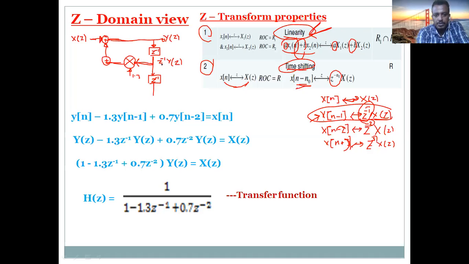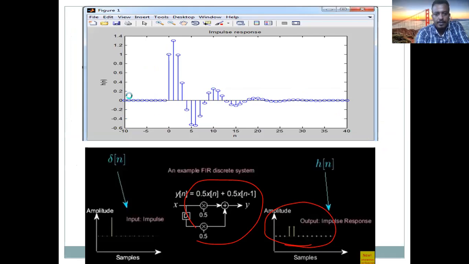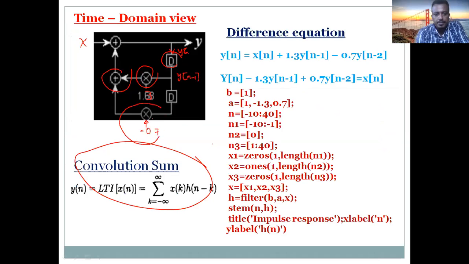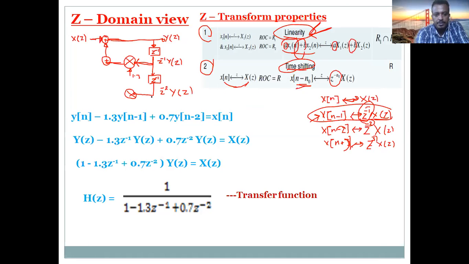So what will be the output? This one delayed by 1 again: z to the power of minus 1, z to the power of minus 2, Y of z. Another multiplier, same multiplier in Z domain, right? As you can see here, another multiplier by 0.7, so minus 0.7 is here.